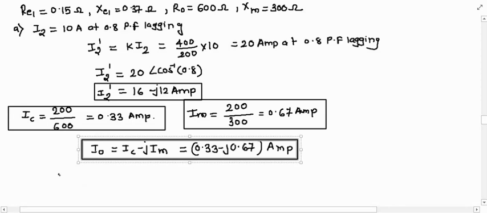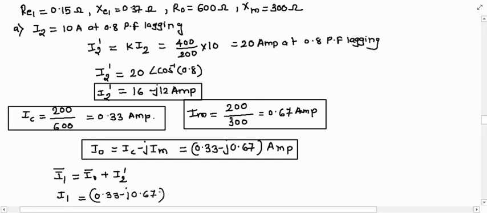Because my primary current I1 is nothing but vector sum of your I0 and I2 dash, right? So what is my I1? I1 will be I0, that is 0.33 minus J 0.67 plus I2 dash will be 16 minus J12 ampere.